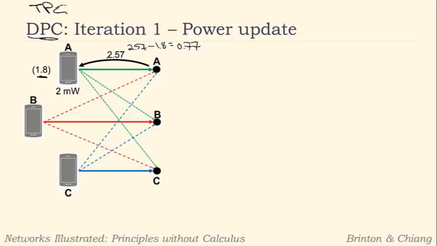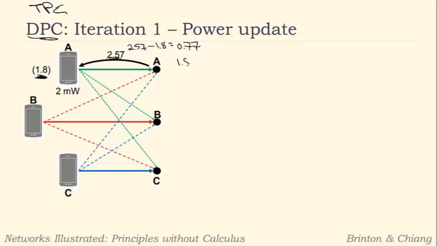So if we look intuitively here, we're desiring a value of 1.8, and we have a value of 2.57. So it's too high, and we want the power level to go down. The most reasonable way of doing that is to multiply the current transmit power by the ratio 1.8 divided by 2.57.